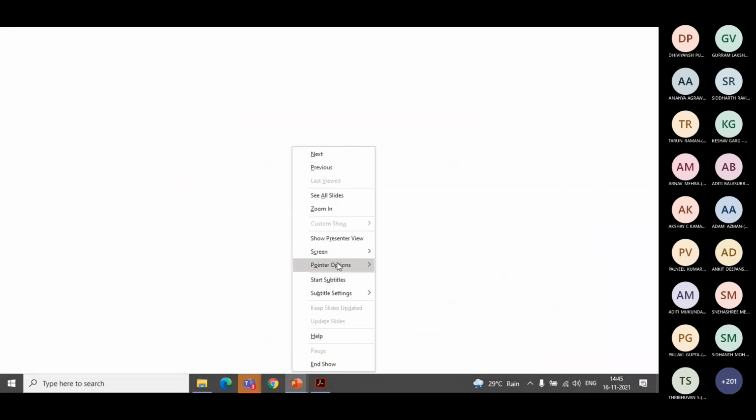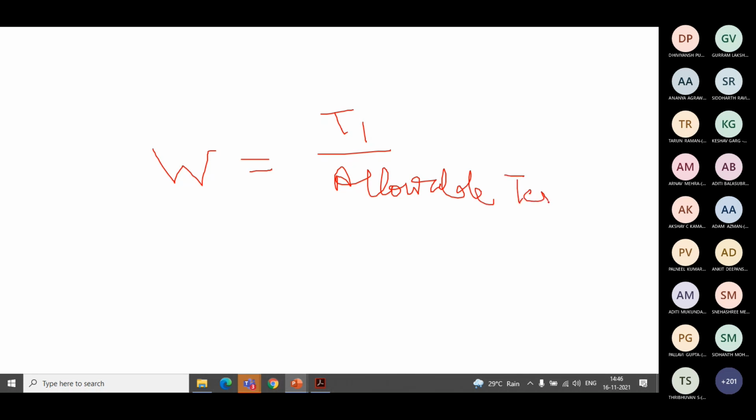You see the equation once more, for those who haven't understood. The belt width is T1 by allowable tension, allowable tension per mm width.